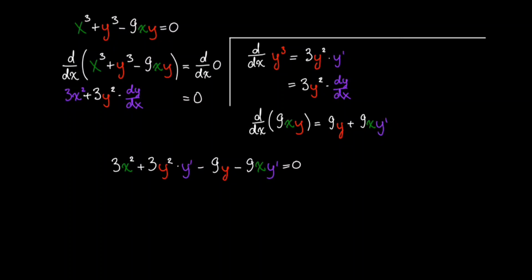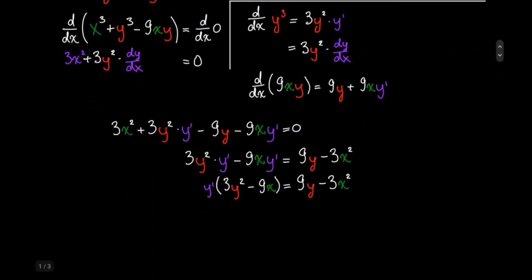However, that is not all, because on the left-hand side, we have a mix of everything. But what we want is an expression of the derivative, or in other words, of the y prime. This means here we have to move things around. So first, let's take the terms that do not have y prime and move them from the left-hand side to the right-hand side. Now that we have done this, on the left-hand side again, we can actually factor out the y prime.